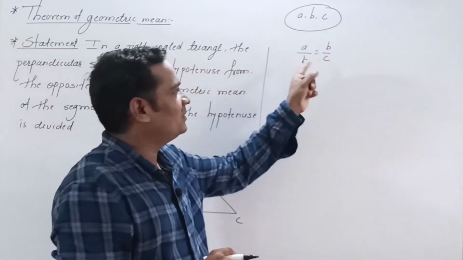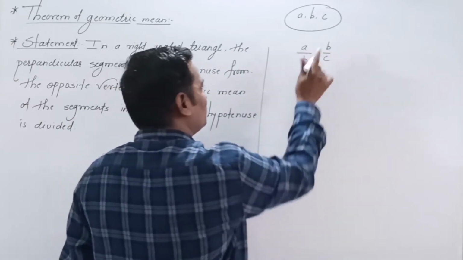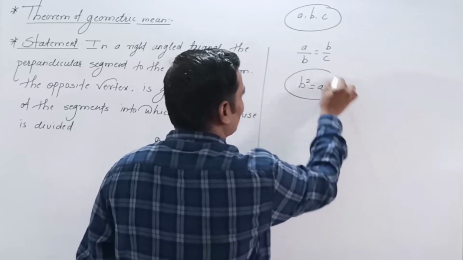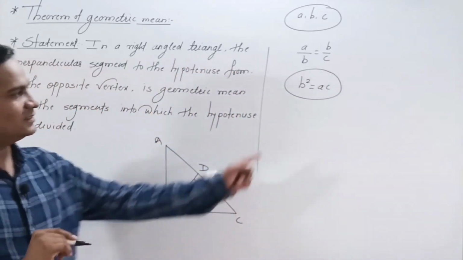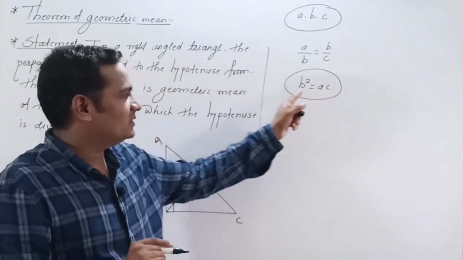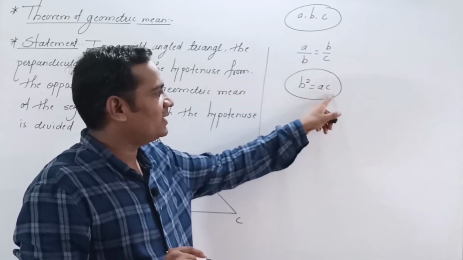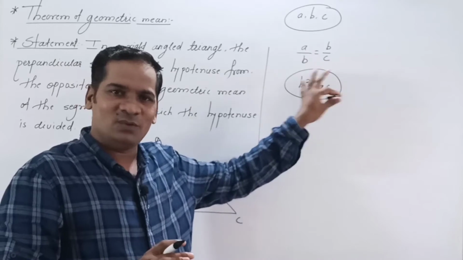By cross multiplication, B into B, that will be B square is equal to AC. Look at this, and this is called the geometric mean. This B is the geometric mean of A and C, and the same property we have to use here now.